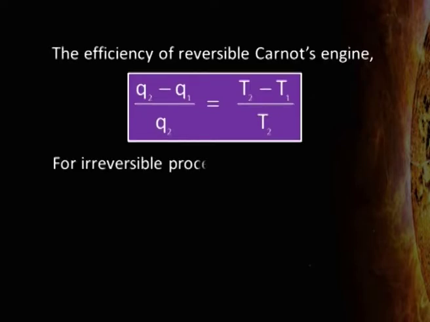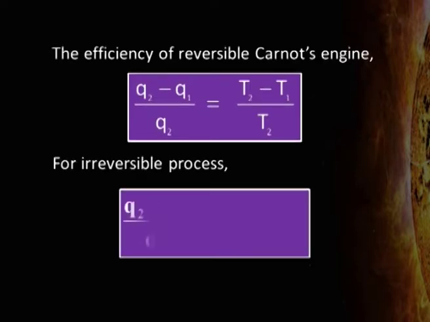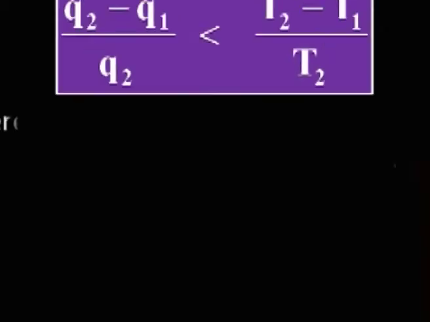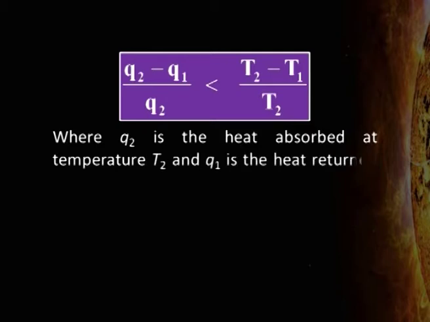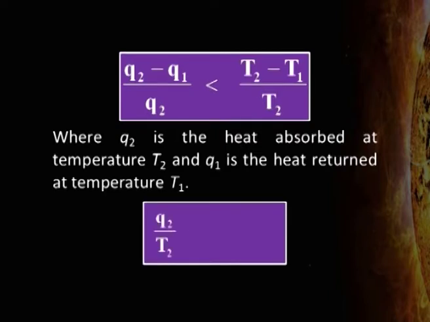Therefore, for irreversible process, Q2 minus Q1 upon Q2 will always be less than T2 minus T1 upon T2, where Q2 is the heat absorbed at temperature T2 and Q1 is the heat returned at temperature T1. Therefore, Q2 upon T2 minus Q1 upon T1 will be less than 0.